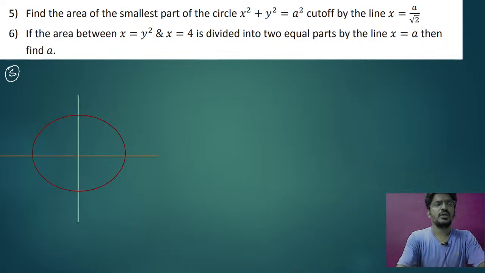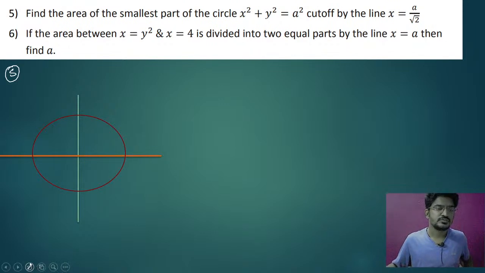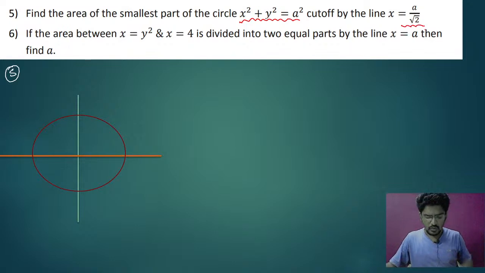See the fifth problem, that is, find the area of the smallest part of x square plus y square equal to a square cut off by x equal to a by root 2.